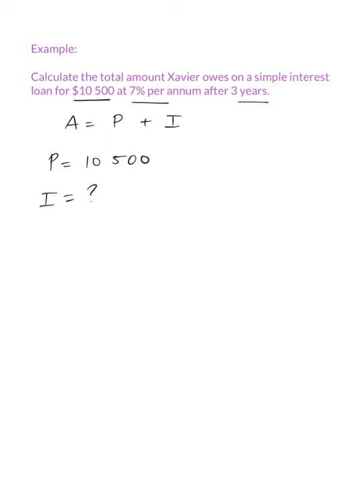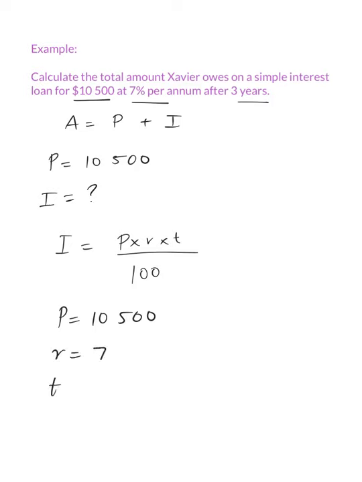So we need to find what I is. But earlier in this video we did have a look at how to find I, and I equals P times R times T over 100. So we need to extract what R and T are because we know what P is. So P was 10,500. R is 7% and T is 3 years.